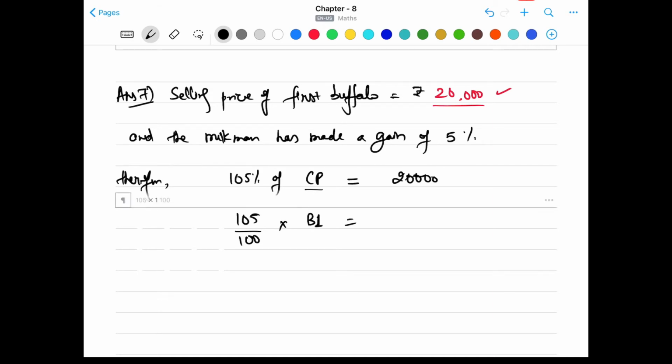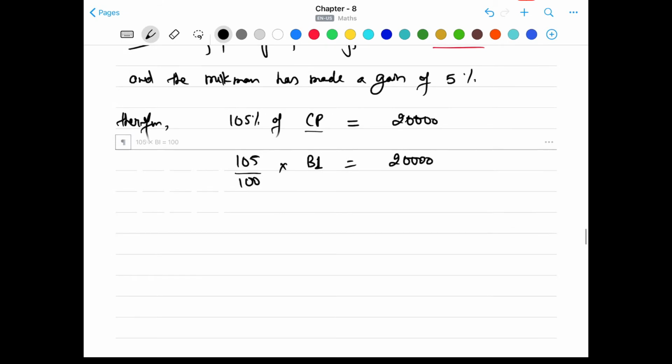So the cost price of B1 equals 20,000 into 100 by 105.